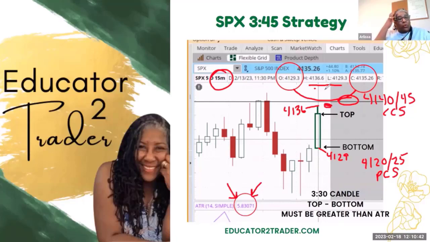What we've looked at too is it may be best when you're at the 15-minute time frame to go with the trend of that window of time. Like in this case, the trend is going up. It probably would make more sense to get the PCS, but there may not be as much money here. So you need to think of that for yourself.